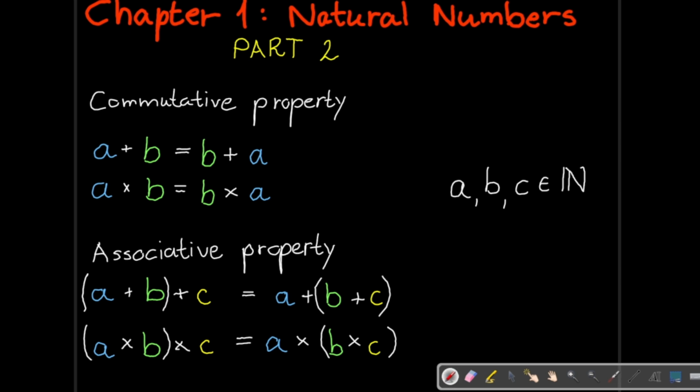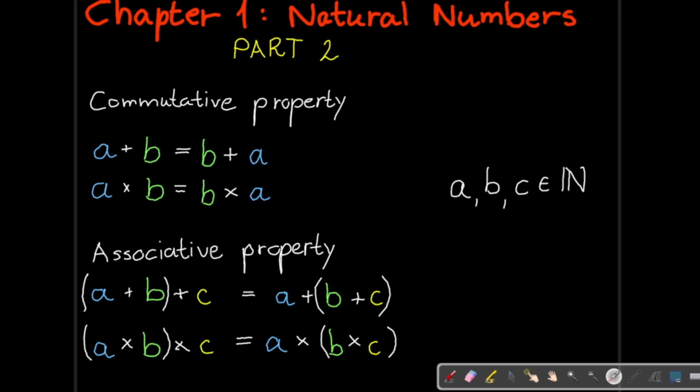I did talk about the natural numbers in the previous video as well, where I explained which numbers are a part of the set of the natural numbers. I can maybe explain that again here.